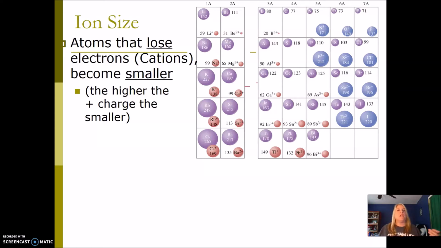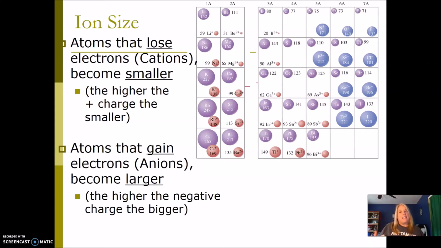So cations become smaller than their corresponding neutral atom. Whereas anions, the negative ones, gain electrons. They actually become bigger. It's kind of like you're gaining weight. Did a lot of that during COVID here. So as you gain weight, you get bigger. And so as you gain electrons, you get bigger in size.